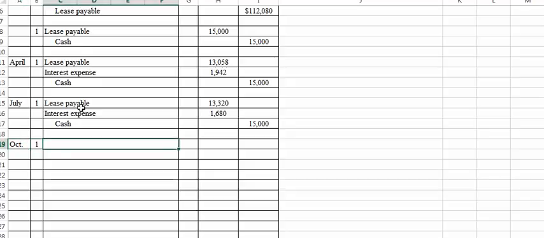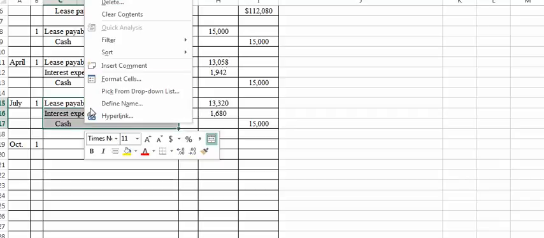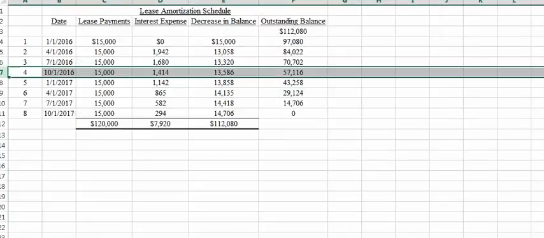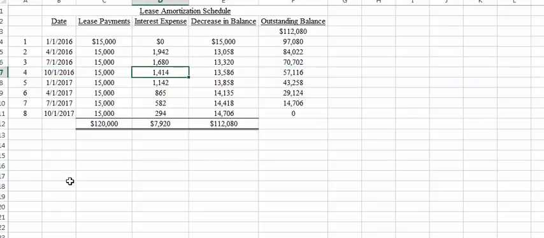All right, the accounts to debit and credit remain the same. Only the amounts have changed. We'll debit lease payable for the decrease in the principal balance from that October 1st payment, $13,586.